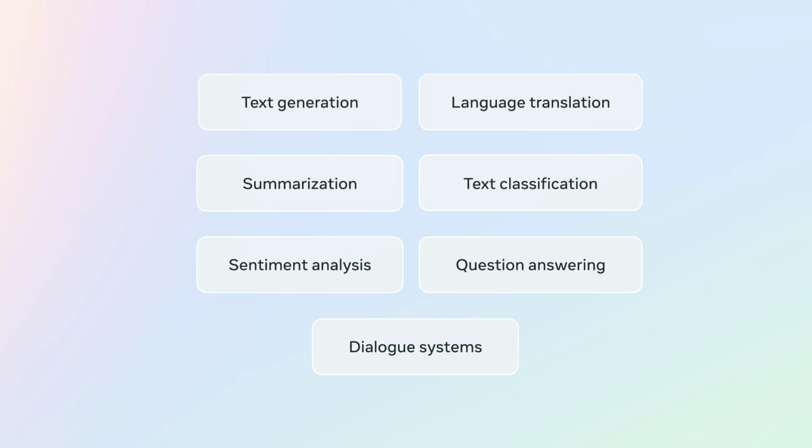Sentiment analysis: Llama models can analyze text to determine the sentiment or emotion behind it. Question answering: they can answer questions based on the information contained in a given text. And dialogue systems: they can be used to build chatbots and other dialogue systems that can engage in natural sounding conversations. These are just some examples of what Llama models can do.